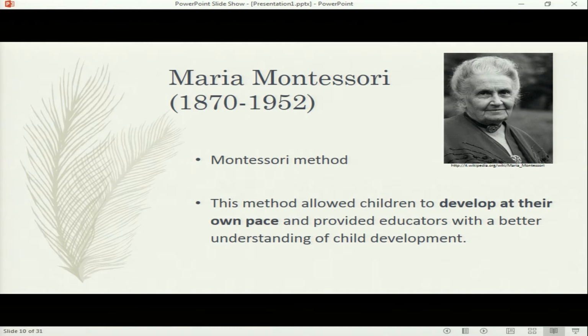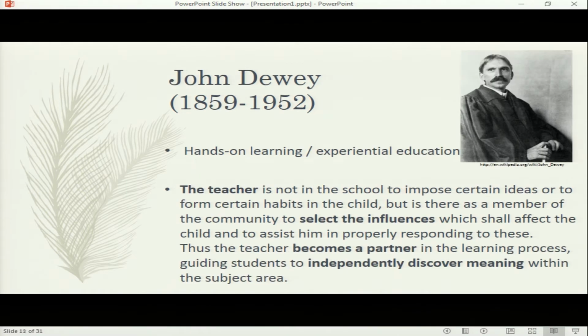Now, the second person who could be mentioned in this role is Maria Montessori, who believed that every student should be learning at their own pace. That's the main idea that fits into the flipped classroom idea.